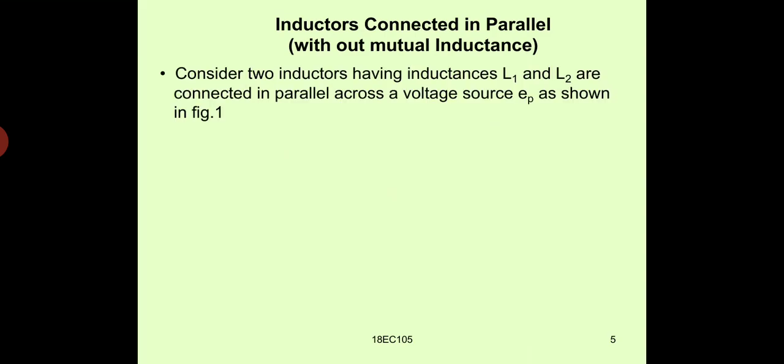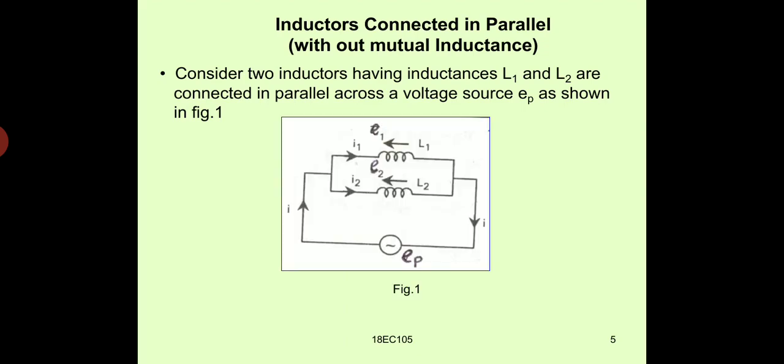Consider there are two inductors having inductances L1 and L2 connected in parallel across a voltage source EP, as shown in the figure below. EP is the voltage applied across the parallel combination of L1 and L2, and I1 and I2 are the respective currents flowing through each inductor.